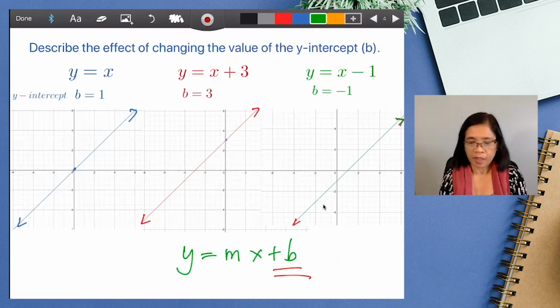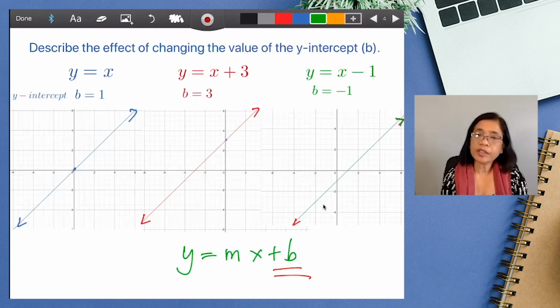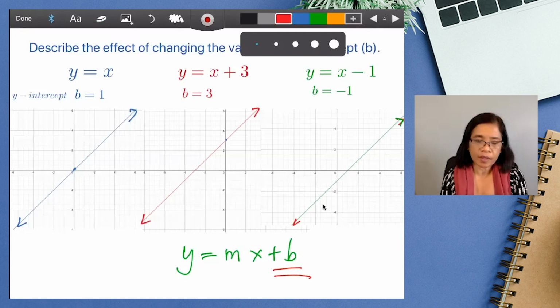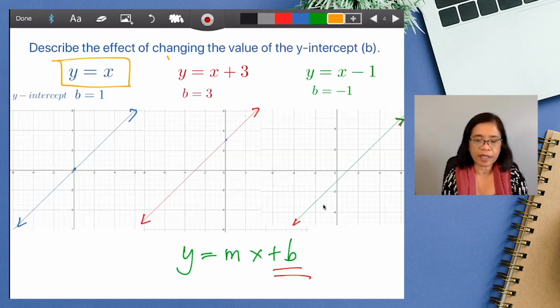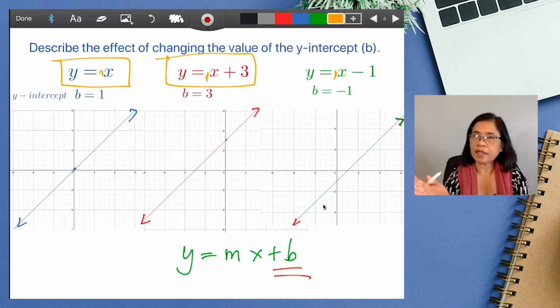Okay, so we start with our parent function, y is equal to x. Notice that for all these three examples, our m is the same. M is 1, the slope is 1, 1, and 1. The coefficient of x represents the slope. So notice that the inclination is the same.